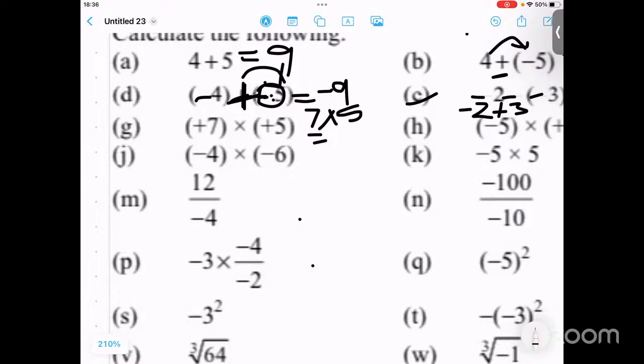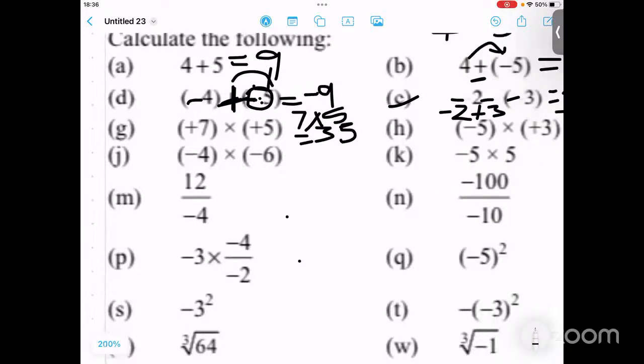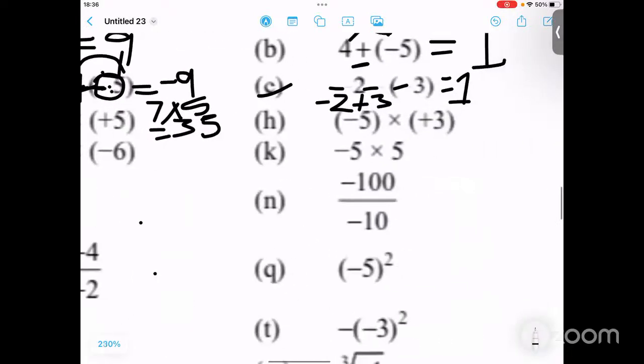The procedure for this one is not hectic because you're multiplying a positive with a positive. If you have a number in brackets and it's positive, you just remove the sign, so you can just write it as 7 multiplied by 5, which is equal to 35.